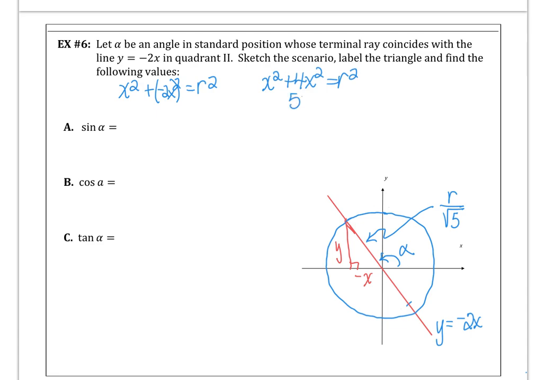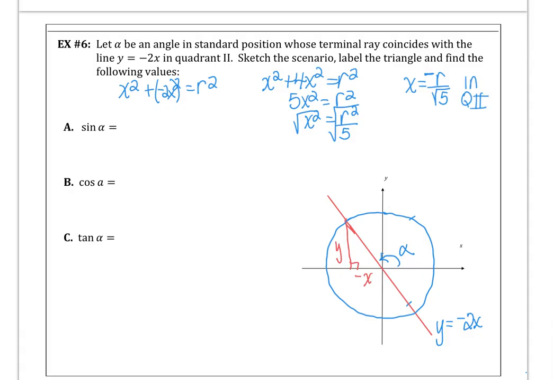We have 5x squared is r squared. If you divide both sides by 5, and then take the square root of both sides, x is going to be r divided by the square root of 5. Now think about that in quadrant 2. We know that x needs to be negative in quadrant 2.